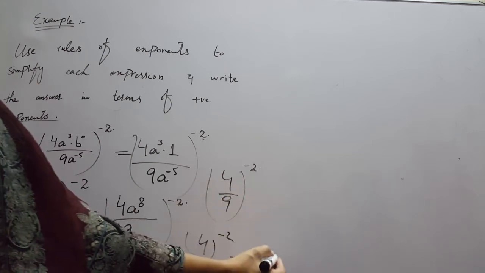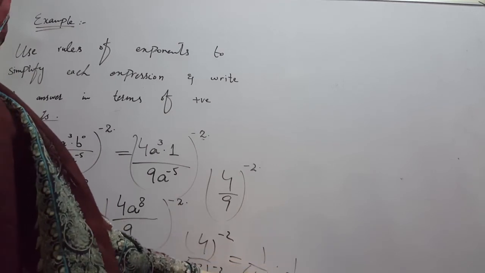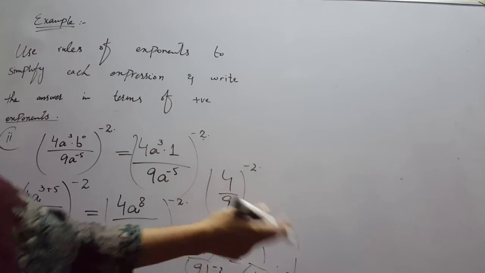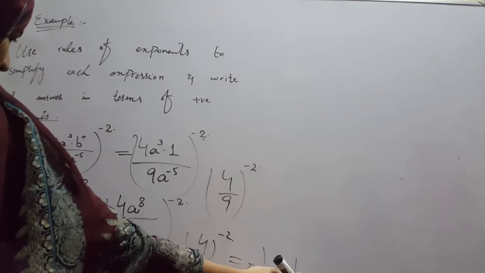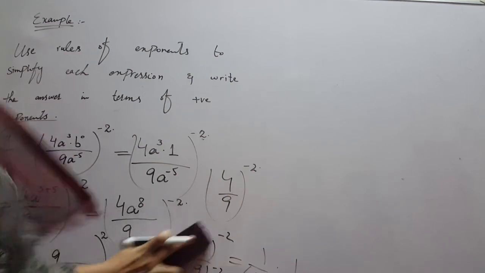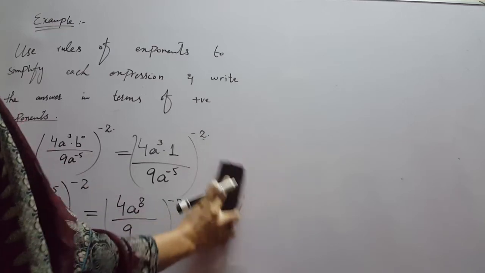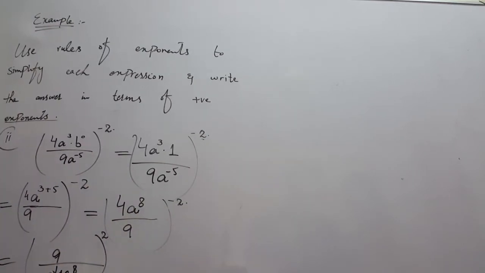Sorry, positive. That's why we write 9 by 4 a power 8 and whole power square. This is the answer in positive exponent. The second example is also solved.